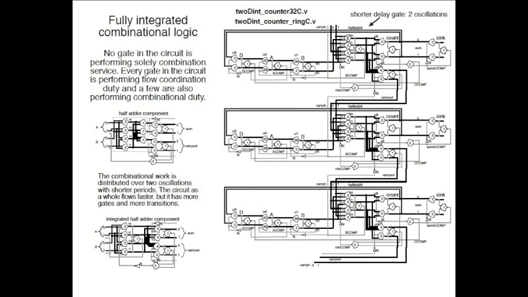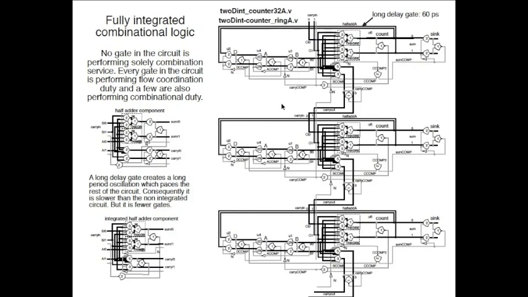Okay, so now we integrate this into the rings, and this is our fully integrated counter with half adder C. So you can see these behave exactly the same way as the others. Now this gate is going to be much slower, so this is going to create a slow oscillation, and that's going to slow the whole thing down.